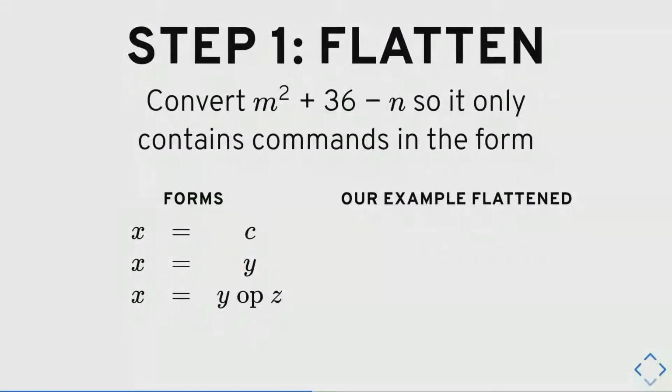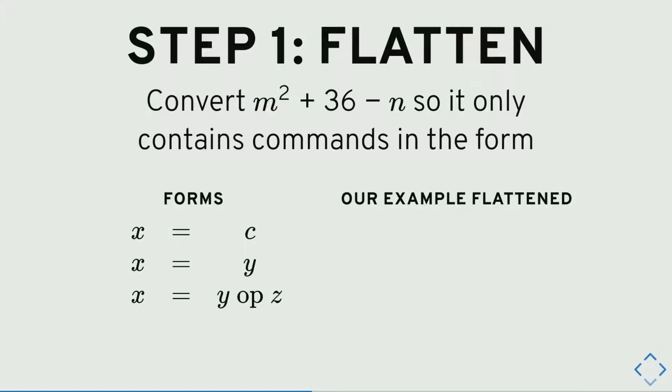Okay, so the first step in turning our equation into these circuits is we turn it into a kind of single static assignment form, where the possible forms are x equals some constant, x equals some other variable, and x equals some operation on two other variables. Right.